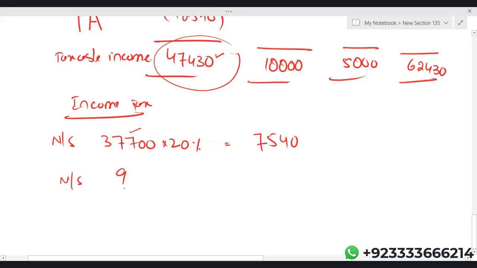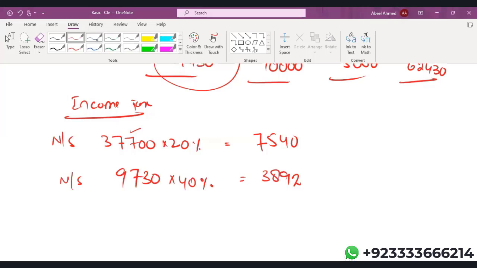I'm getting 9,730. Applicable tax rate is 40%. 3,892. Great. Now actually we have to move towards saving income.